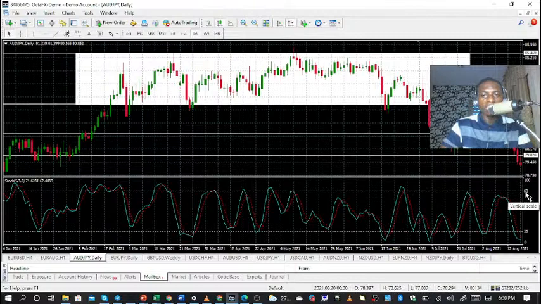On this vertical scale, you see 80, and at this place, you see 20. This is used to measure if the market is at an overbought region and also an oversold region. If the market crosses to 80, it shows that the market is at the overbought region, right? If the market crosses down to 20, it shows that it is in the oversold region.